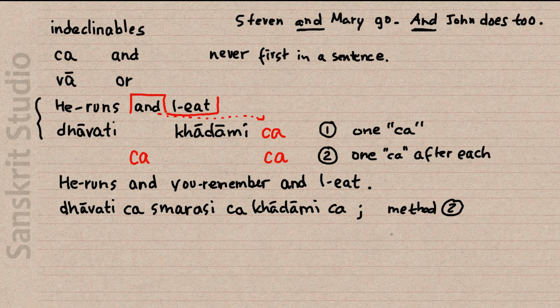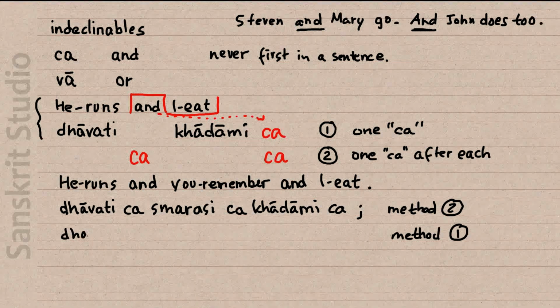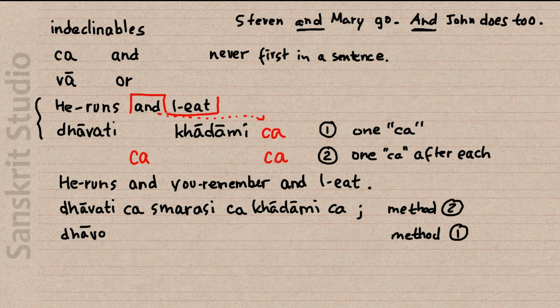But if we use method 1 to do the same translation, we would get dhāvati, smarasi, khādami cha.